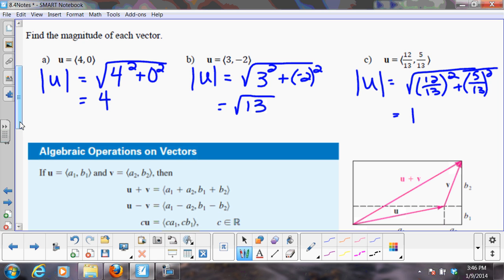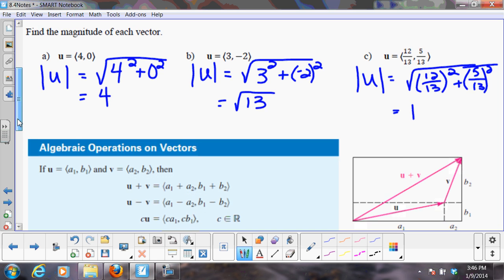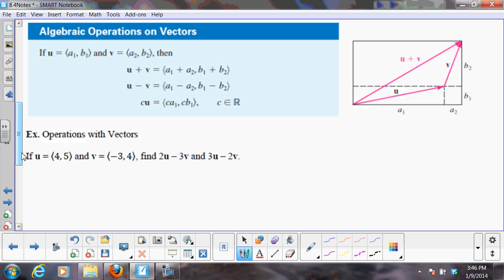Next, we have the algebraic operations on vectors. You can add them, you can subtract them, and you can distribute, so to speak, a constant in. So if our vector u is <4, 5> and our vector v is <-3, 4>, we want to find 2u minus 3v. These are two separate questions, okay?